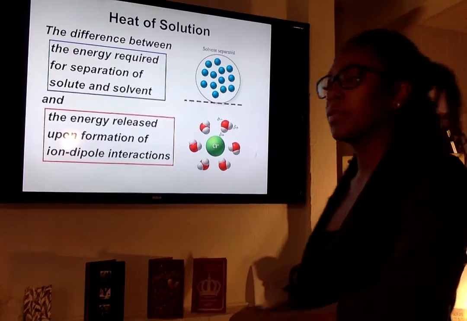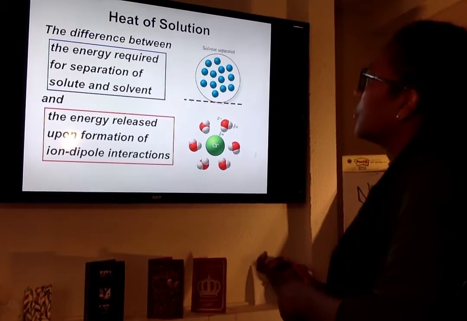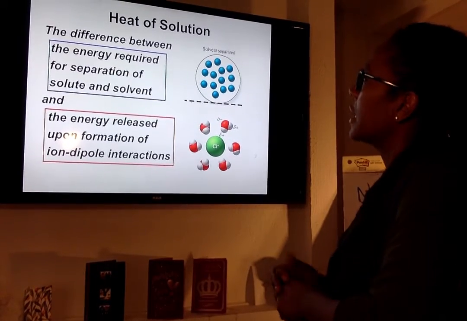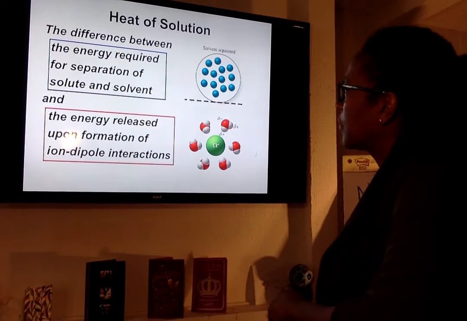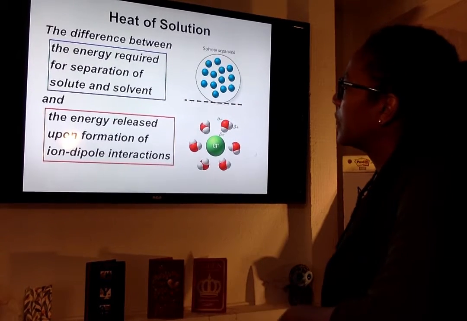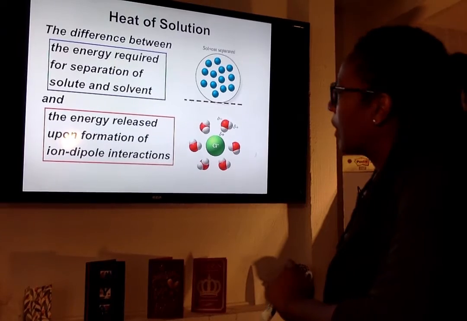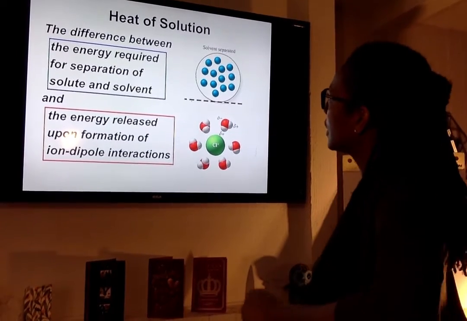So the heat of solution. The difference between the energy required for separation of the solid and the solvent and the energy released upon formation of the ion-dipole interactions.